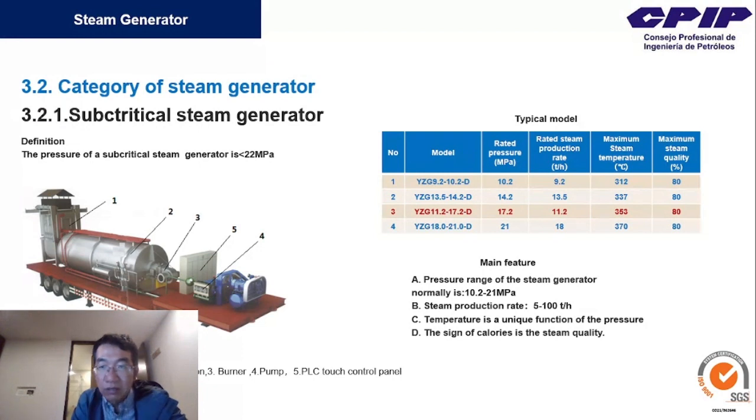The pressure rate of the steam generator is normally from 10.2 to 21 MPa, and the steam production rate is from 5 to 100 tons per hour. Temperature is a function of the pressure. The sum of calories is the steam quality.